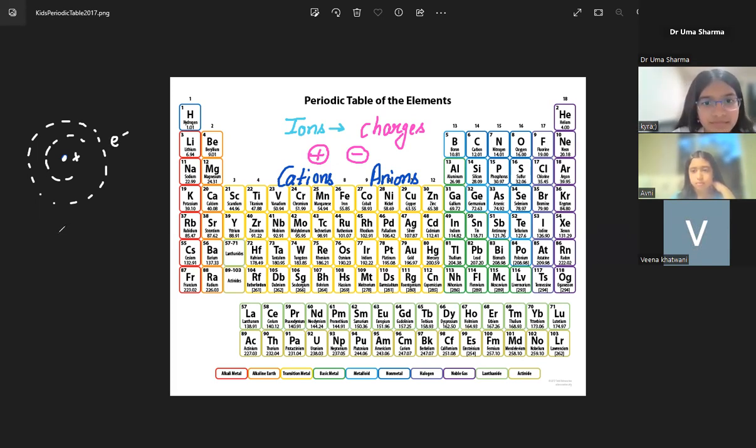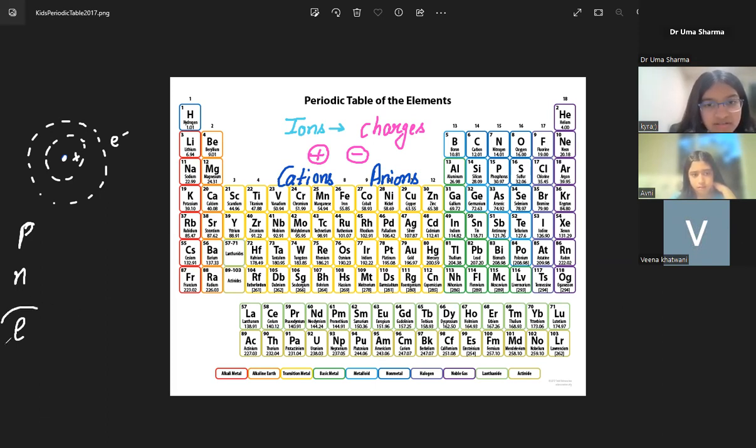Okay, good. So it means in the cations and anions, the positive and negative charges are not equal. That's why they have some charge on them. Now, first of all, answer this question: in the atom, which particles can undergo a change, the protons, neutrons, or electrons?